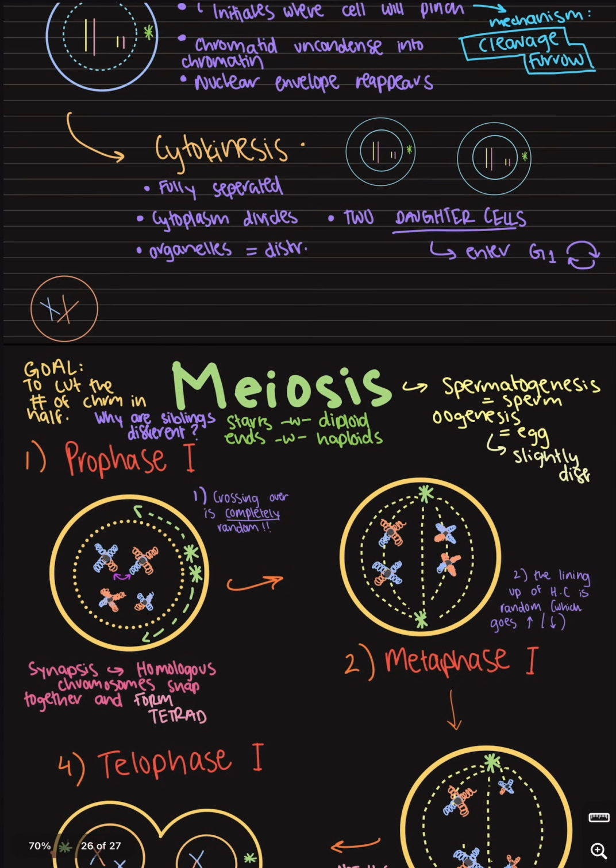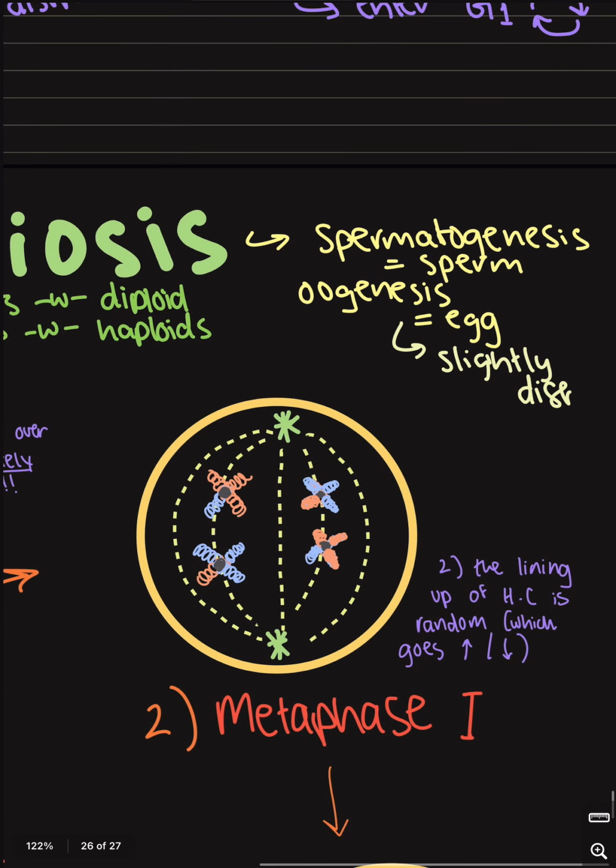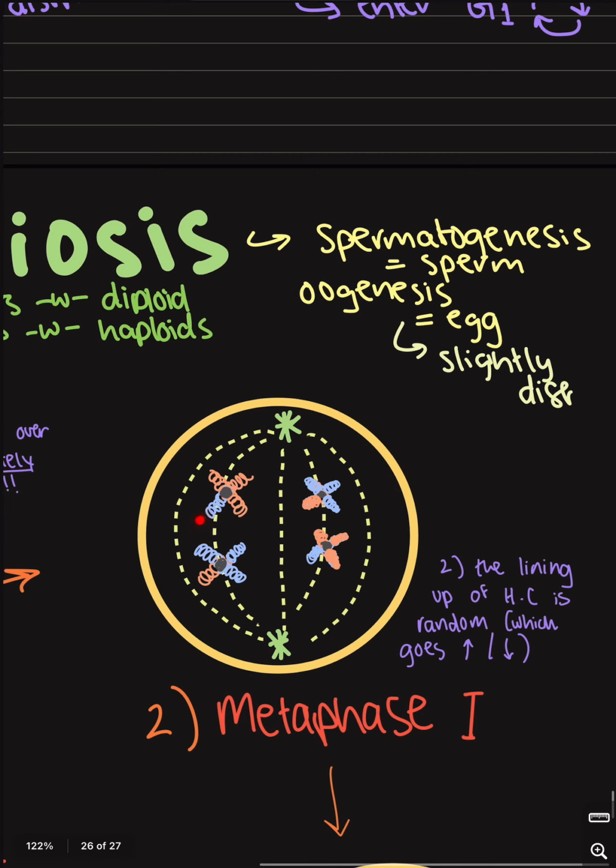So from prophase 1, you go to metaphase. Remember PMAT, so then you go to metaphase 1. What occurs in metaphase 1? Unlike normal metaphase in mitosis, the homologous chromosomes don't line up at the equator in a straight line.